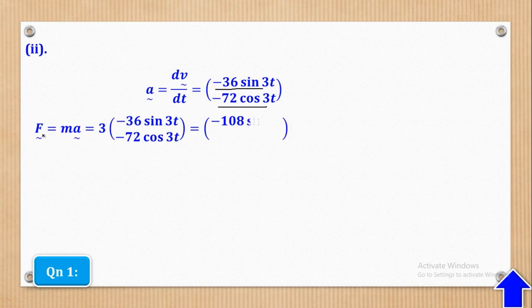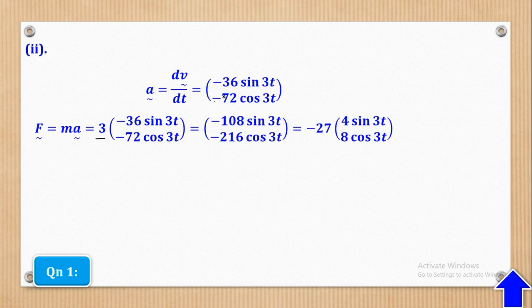Then I know that F is equal to ma, so I substitute for my m. For m I'll have 3 kilograms, and for a is this. So when I bring these two inside, I come up with negative 108 sine 3t and negative 216 cos 3t.